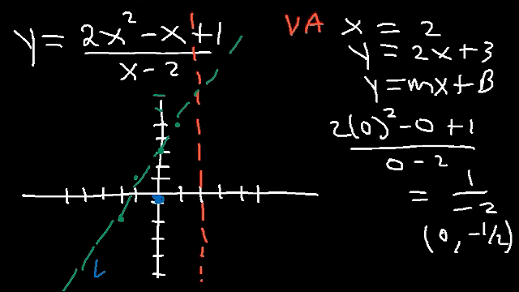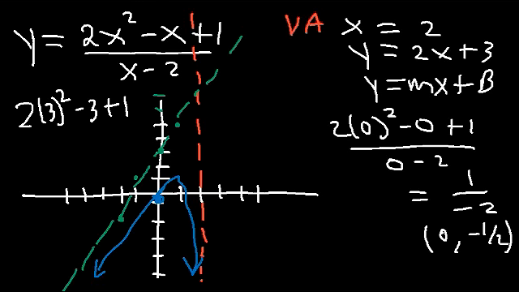So therefore, we could say that the graph is going to look something like this. It's not going to be in this area. It's going to be below the slant asymptote. Now for the right side, let's plug in 3 into the equation. So 2 times 3 squared minus 3 plus 1 over 3 minus 2. 3 squared is 9, and 2 times 9 is 18.